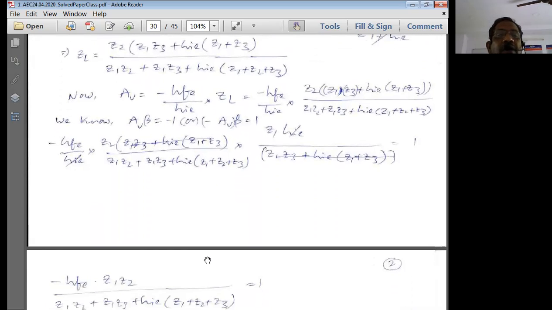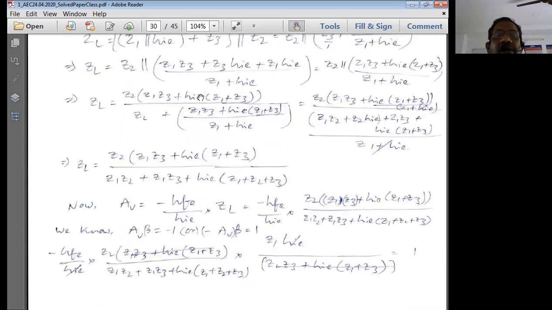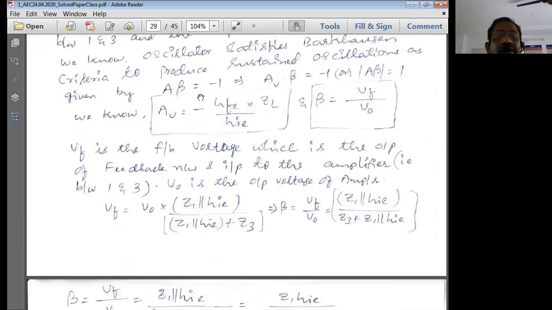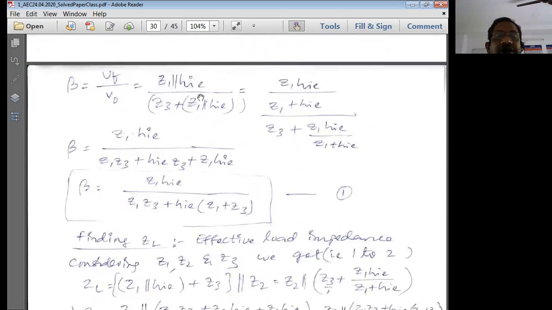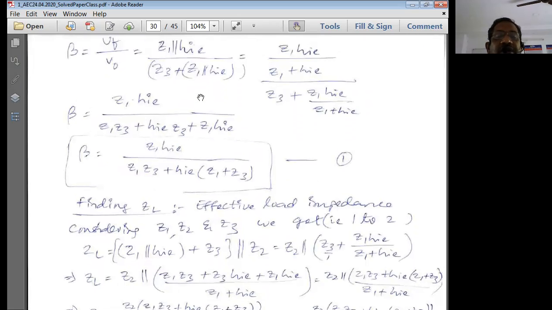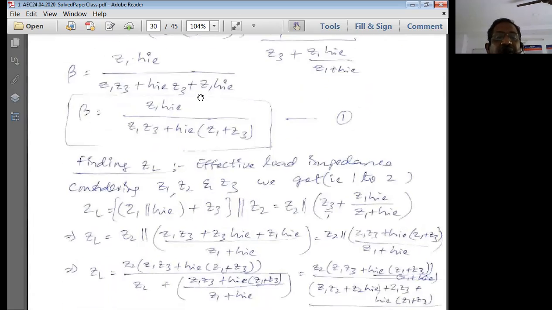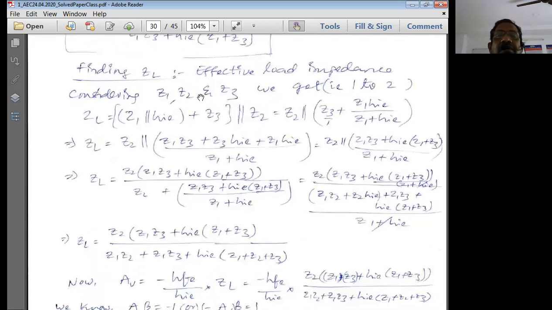Now we have a formula: AV is equal to minus HFE by HIE into ZL. So you have to compute the value for ZL here first. How do we compute the value for ZL? ZL is the load resistance. Now load means what? Where do we take the load? Across the output terminals.